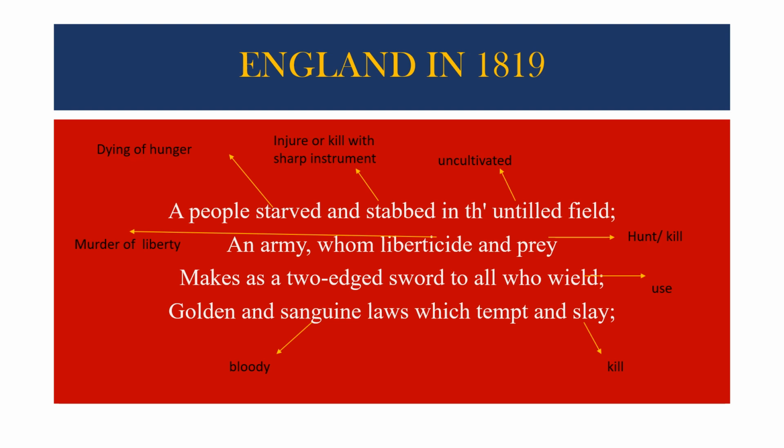And what is the warning? He says, makes it a two-edged sword, the sword which can turn in both ways, which on the one hand can kill the people, and swings to all who wield. Wield means the person, the hands, who are using it, taking an instrument and using it. So who are these people? Of course, the rulers of the country are using the army to suppress the people and take away their liberties and rights.